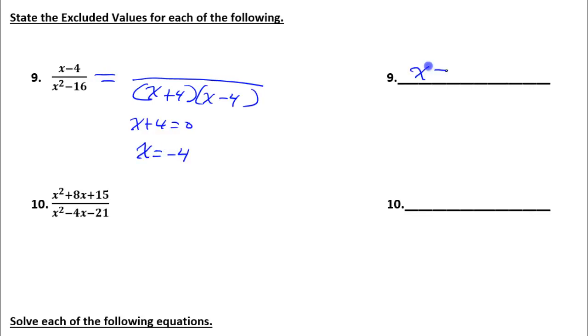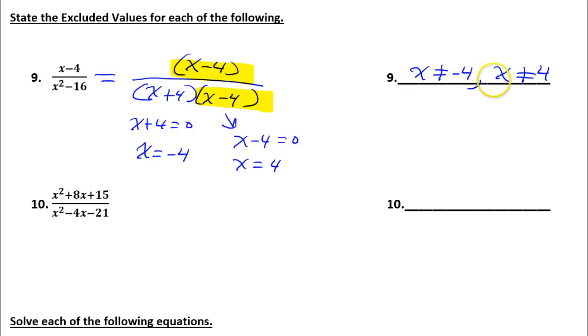That means x cannot equal negative 4. If I set this equal to 0, I get x equals positive 4. So x cannot equal positive 4. Notice even though these cancel out, it doesn't stop it from being an excluded value of 4. There's still 2 excluded values anyway.